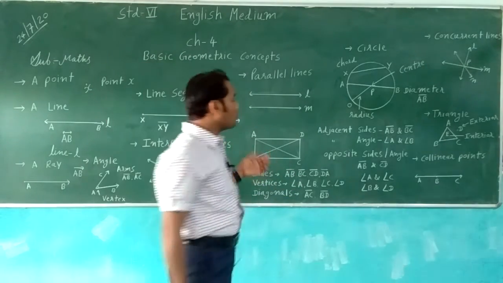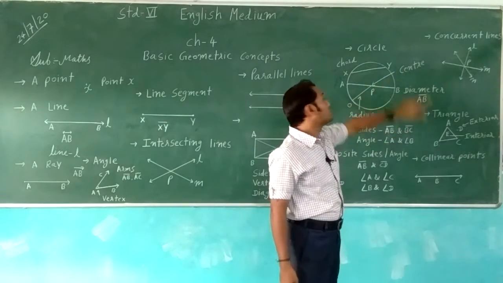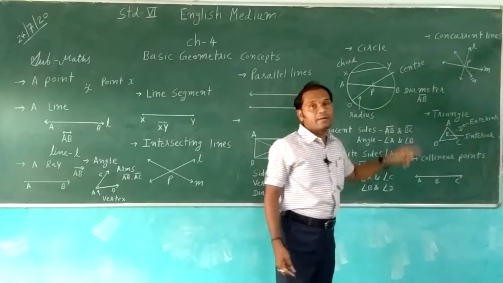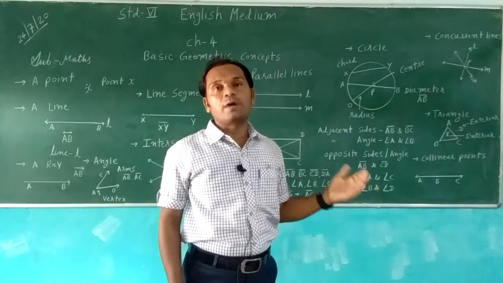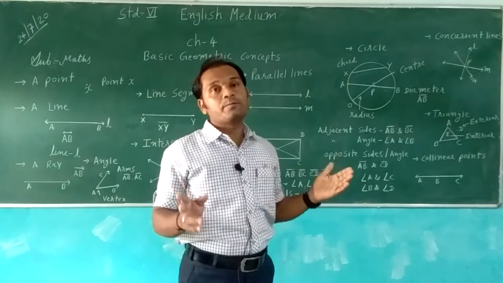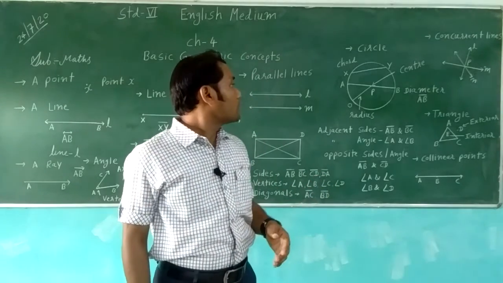So point X and point Y are on the circle boundary, but the line is not passing through the center like a diameter. So the line which is not passing through the center and has two endpoints on the boundary of the circle is called a chord.